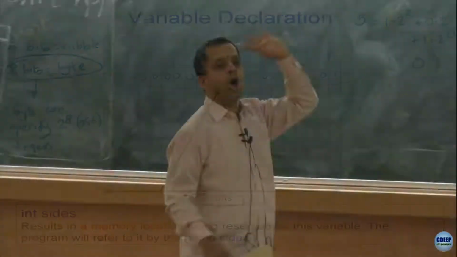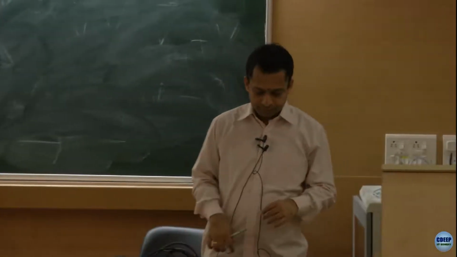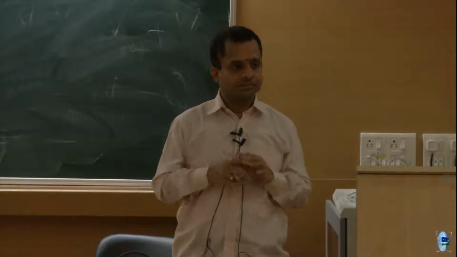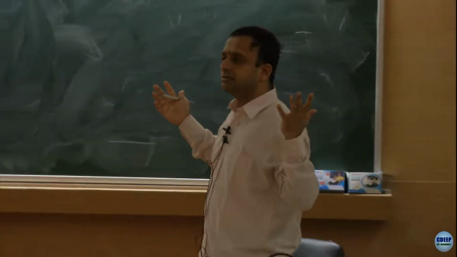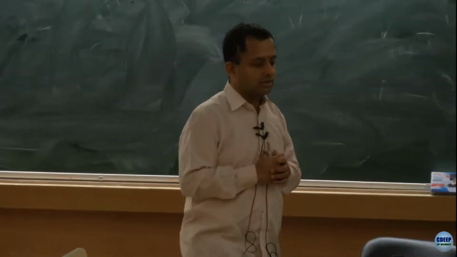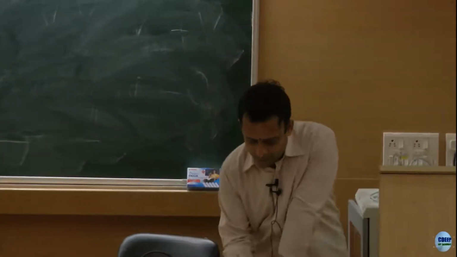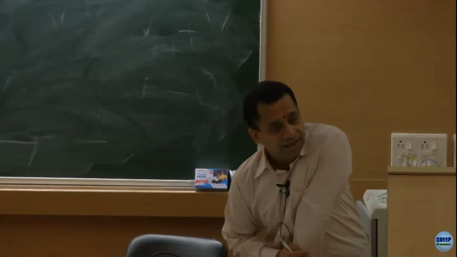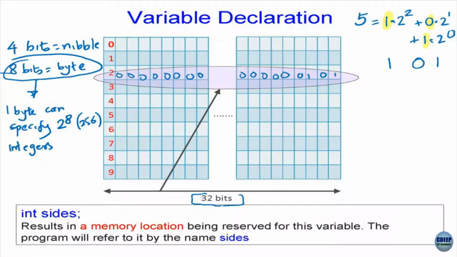32 is how many bytes? 4. So it turns out that int is specified using 4 bytes. Why? Well, we want to represent a sizable number of integers. So how many integers could you specify using a byte? 2 raised to 8.